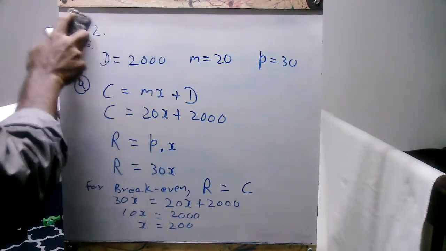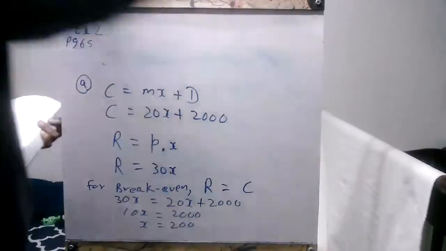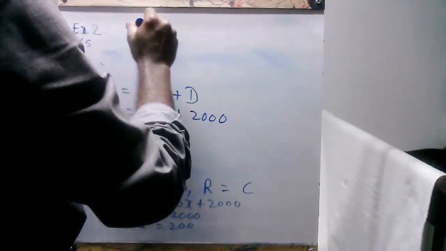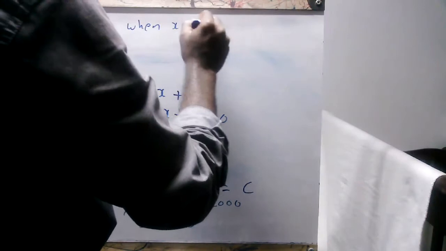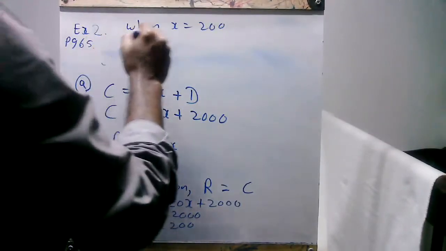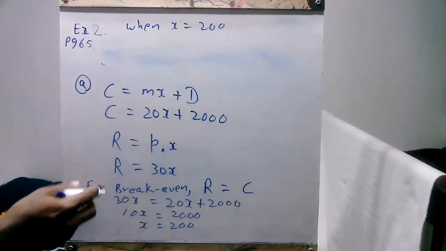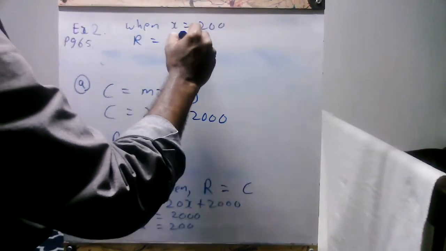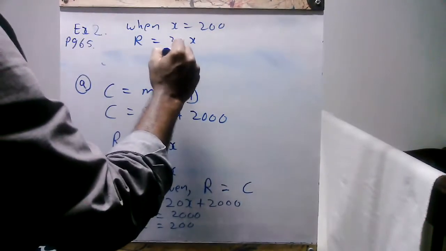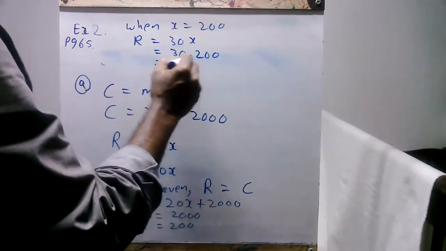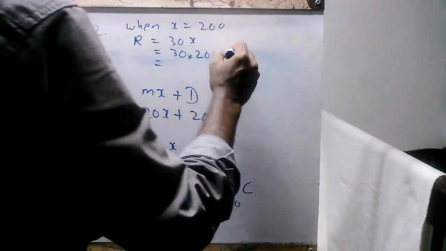I write it here. When x equals 200, using the revenue equation, R equals 30x, 30 times 200, this is equal to 6000.